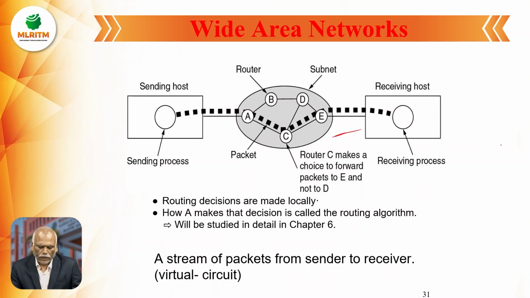A packet travels from A to C, and C selects the next router as E. It could select D also, but it identifies E as the shortest and sends the packets of information on to the receiving host. Routing decisions are made locally, and the algorithm that makes these decisions is called the routing algorithm.